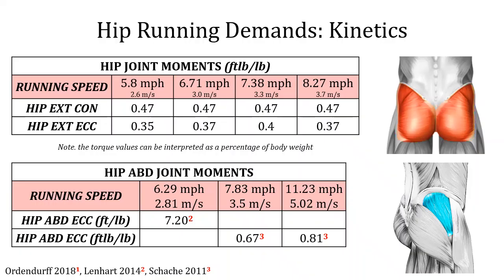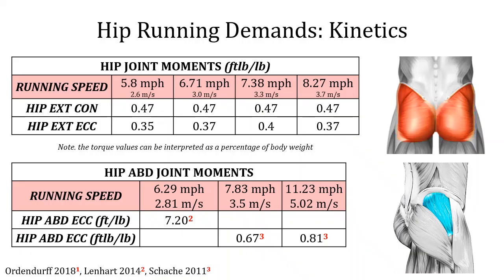They are certainly helpful and necessary with the swing phase, but during the swing phase, it's less likely that the joints will be disrupted, and thus we focus more on protecting the joints with our criteria, and thus we focus on the muscle groups that are going to be most protective and most active during the stance phase and the shock attenuation. So we need approximately 47% of body weight force produced concentrically, and then eccentrically with the hip extension we would want about 37 up to 40% of body weight.